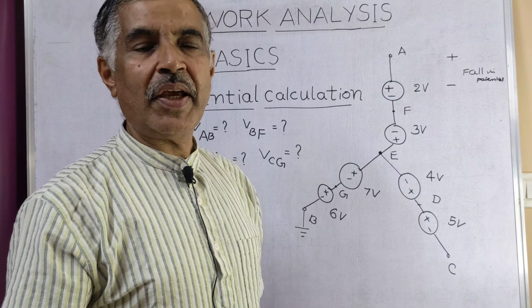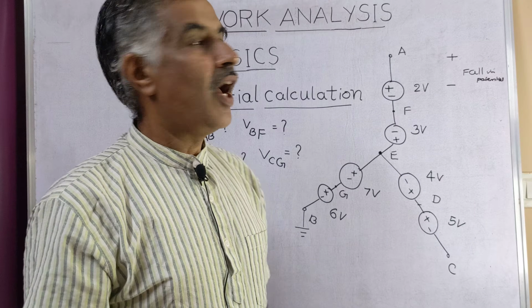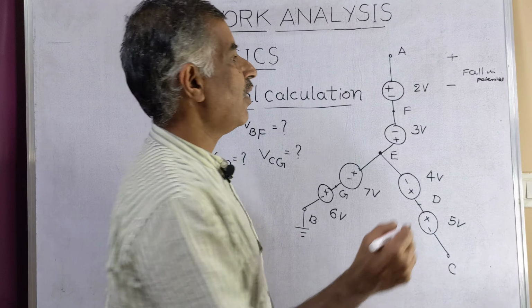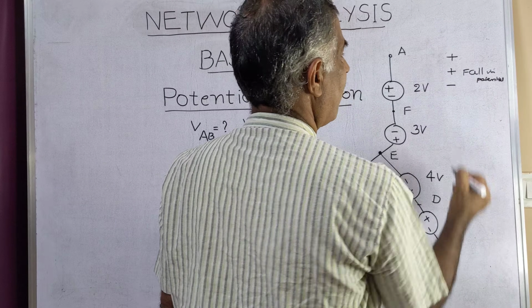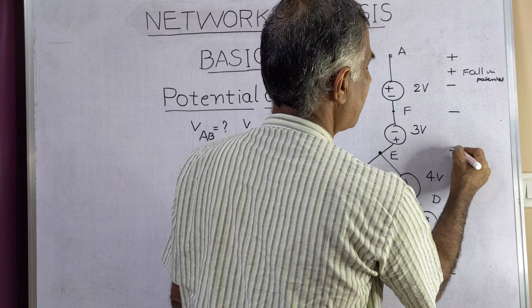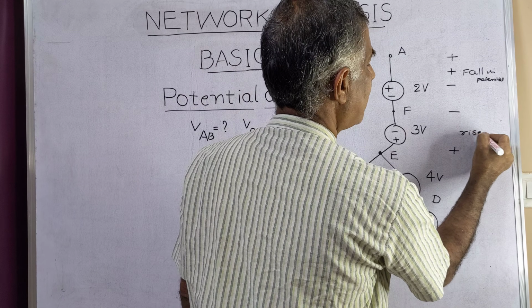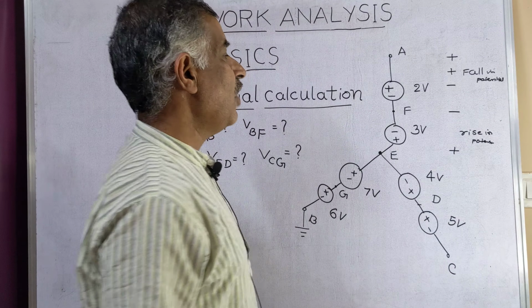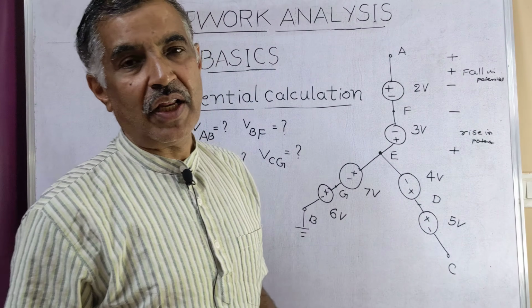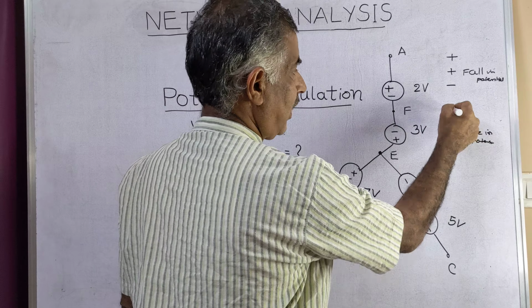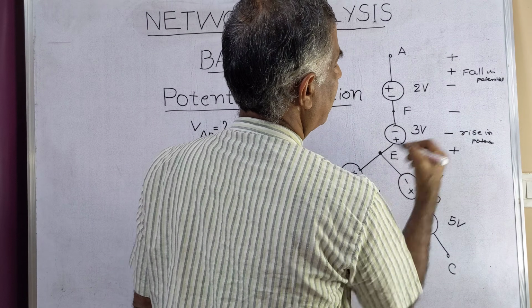Now for fall in potential, you follow one notation. Throughout my lectures, I will assume that whenever I come across a fall in potential, I will take it with plus sign. Whenever there is a rise in potential, meaning a journey from the negative terminal to the positive terminal, I will take it with minus sign.